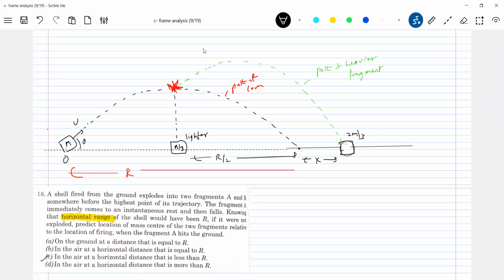This should be the center of mass, no? When they finally strike the ground, I'll use m1x1 equal to m2x2. So what is the formula? M by 3 times R by 2 should be equal to x times 2m by 3. So what should be the value of x? R by 4. And we know the center of mass should lie near the heavier mass.